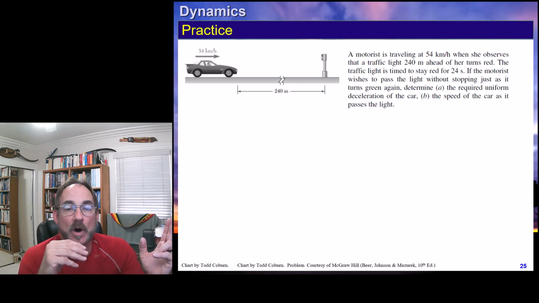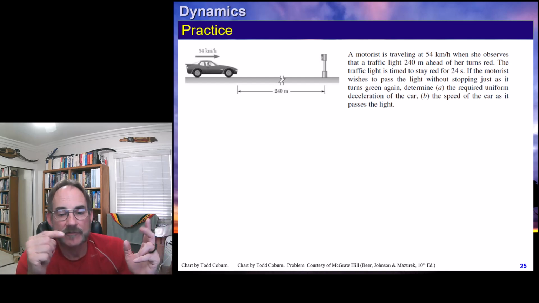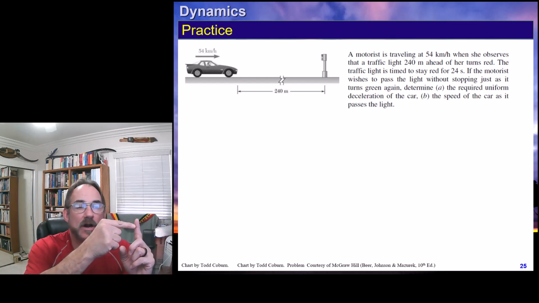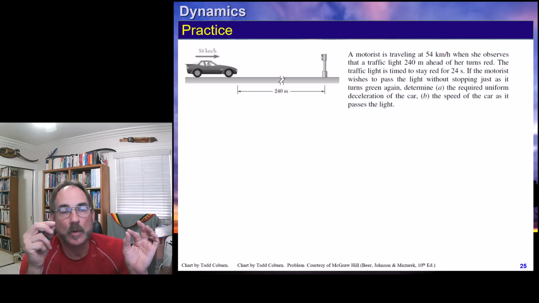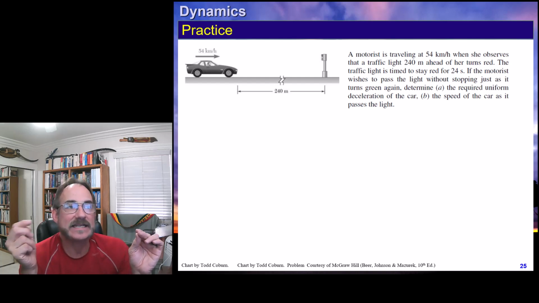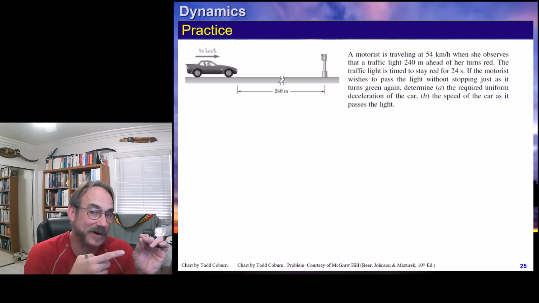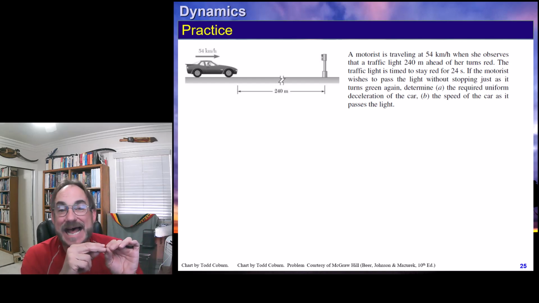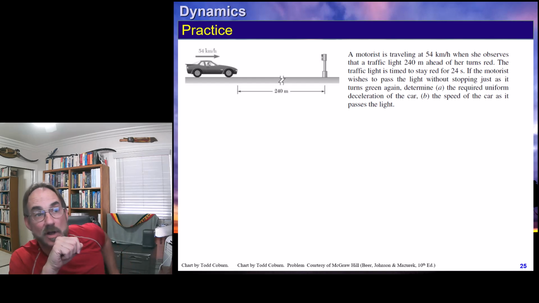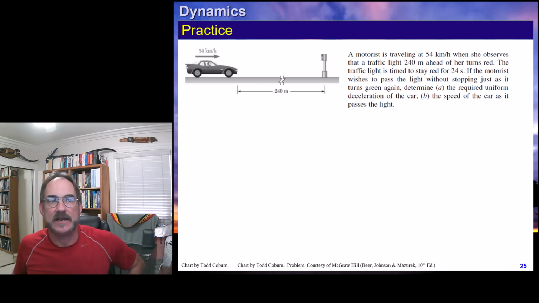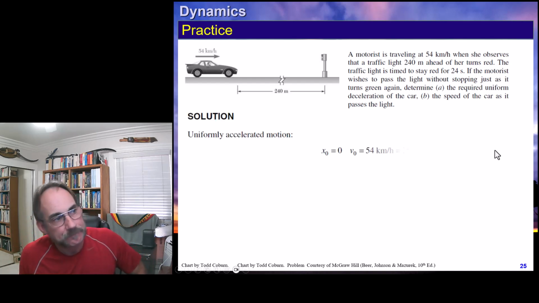Okay, so all we've got to do is figure out, for us to go 240 meters with a starting speed of 54, what acceleration or deceleration in this case will make us not pass that before 240, and then also the speed of the car as we pass the light. So we know our initial position, we're going to call that 0, and we know our initial velocity.